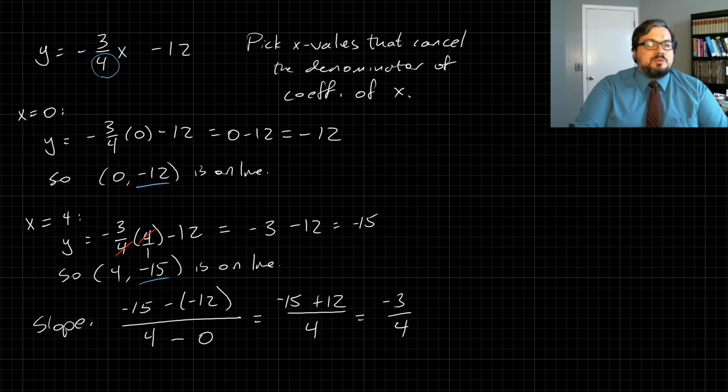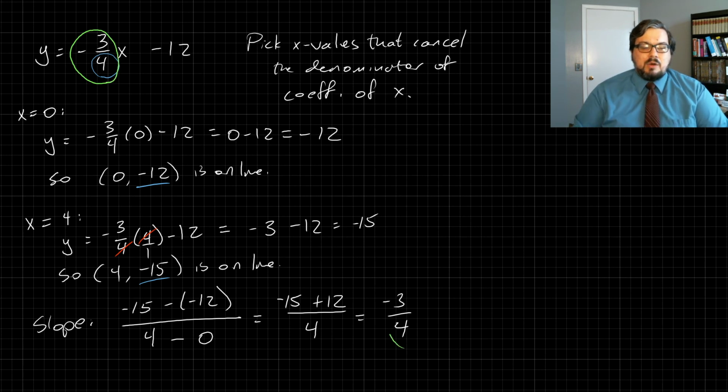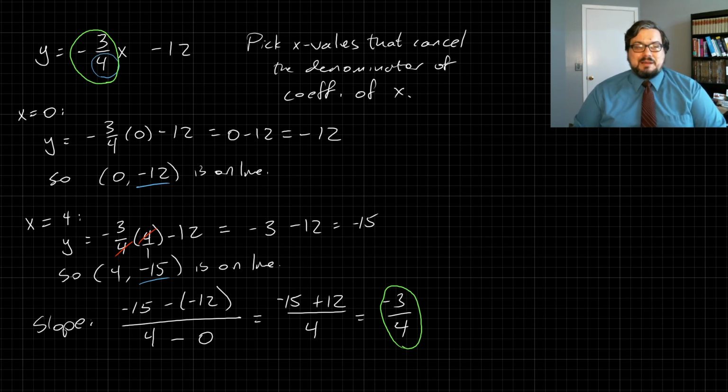Now, what you will notice here is that the slope of the line that we computed, in fact, shows up in the equation of the line that we worked with up above. That's no accident, and we're going to be using that fact very often as we move forward in the understanding of linear equations and linear functions.